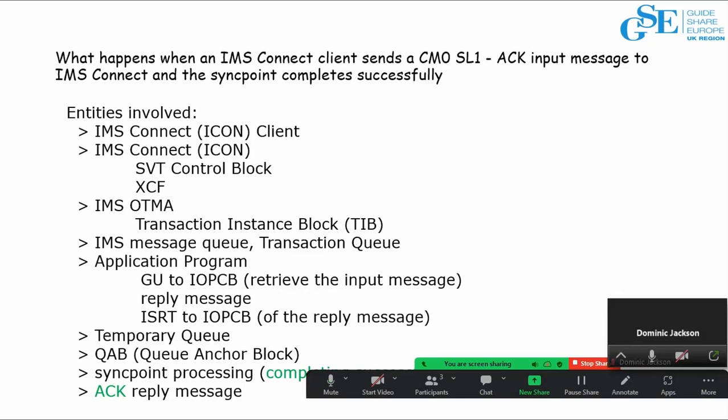Next, the IMS application program will do a get unique, or GU, to the IOPCB, the input output program communications block, in order to retrieve the input message. The input message will be processed by the IMS application program as per the existing logic coded within it to handle that particular transaction.